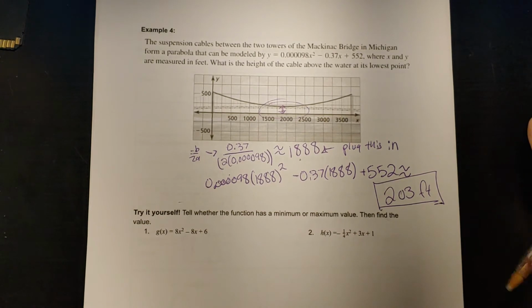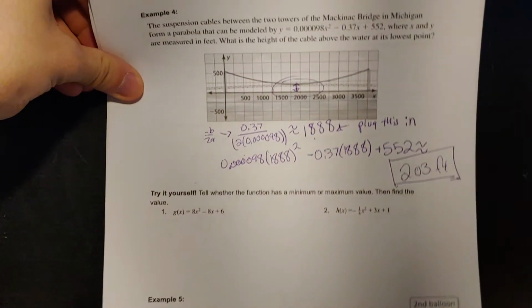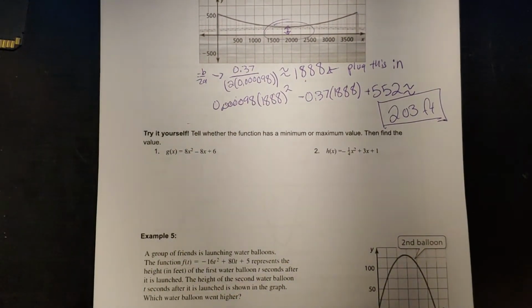So if you have any questions, I would go back and look that over again, or maybe you just punched something in wrong. I would check that. But you now have 2 try-it-yourself problems to do. I will let you do those on your own, and of course post the answers, and then we'll come back for one last example.